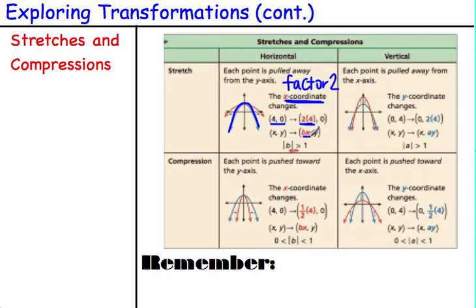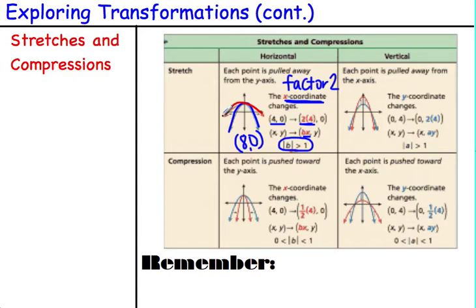By stretching, it means that our b value is going to be bigger than 1, and we're going to multiply that b value. So it's going to go from 4, 0 to 8, 0. So that's where we end up getting this new graph here that's been stretched wide.